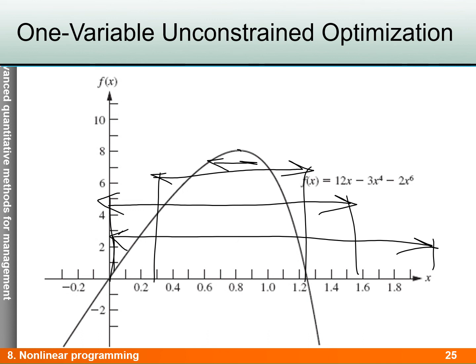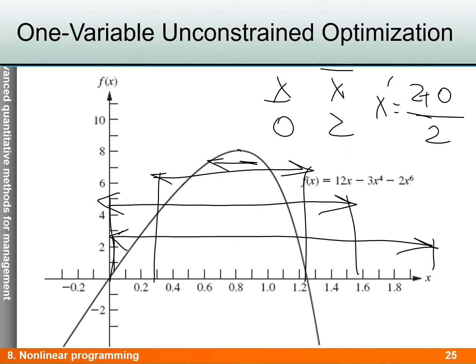So to this end, we define our x bar down and x bar as 0 and 2. So obviously, our x prime is (2 + 0) divided by 2, that is 1. So we start with x prime equal to 1.